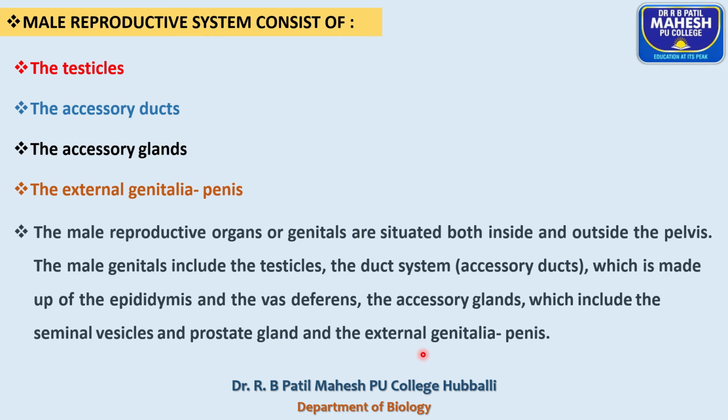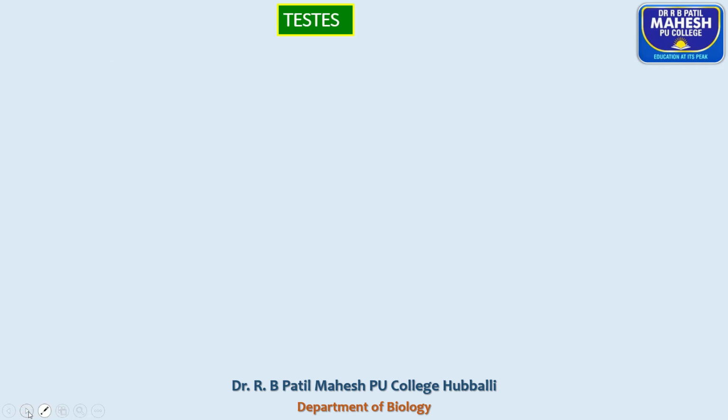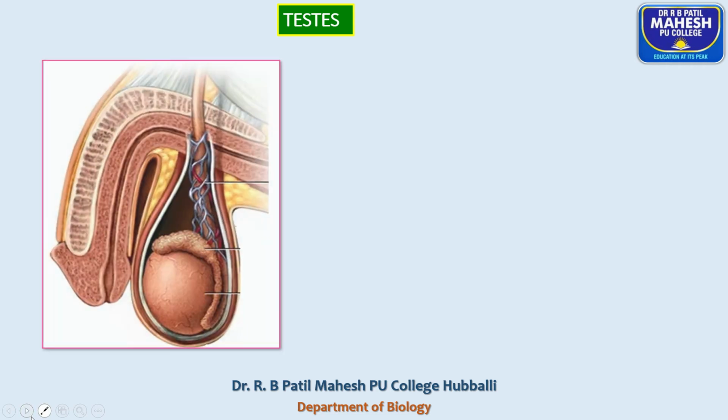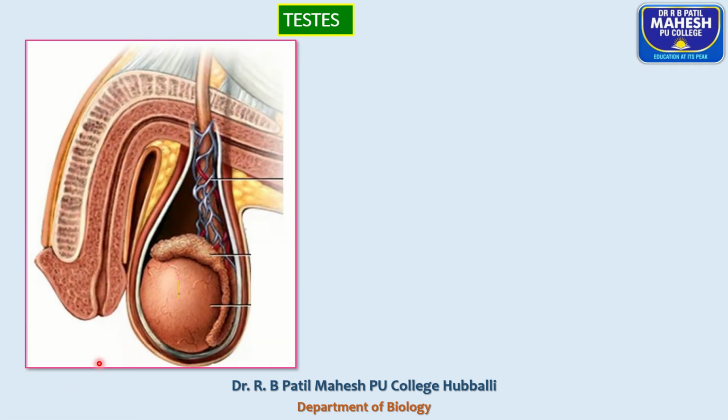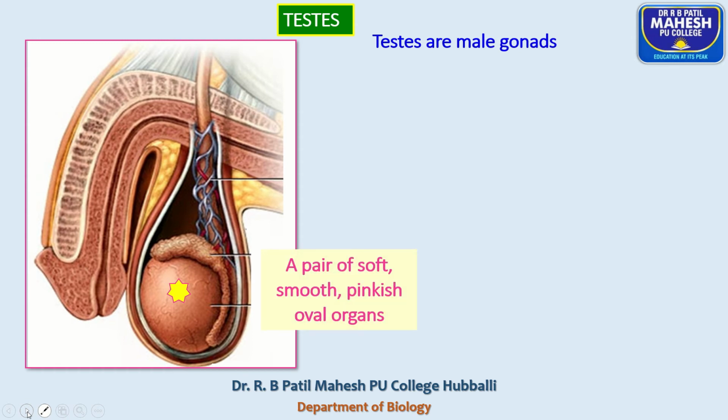Let us start with the testes. The testes are located in the extra-abdominal cavity within a sac-like structure called the scrotum. The testes are the male gonad, a pair of soft, smooth, pinkish oval organs.